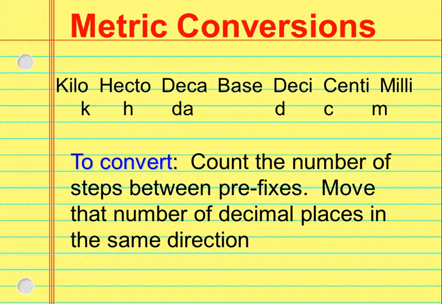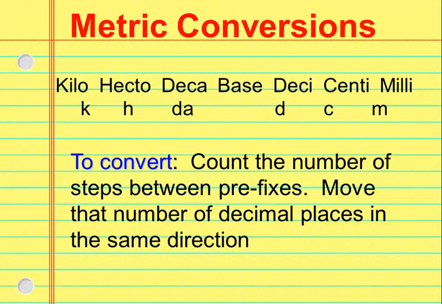So wherever the decimal is in a number, I move it to the right or left. How many times I move might involve adding zeros and coming up with a different number at the end. I'm going to go through some examples. That movement left and right is the way you move on this scale, where it says kilo, hecto, deca, deci, centi, and milli, with base in the middle.